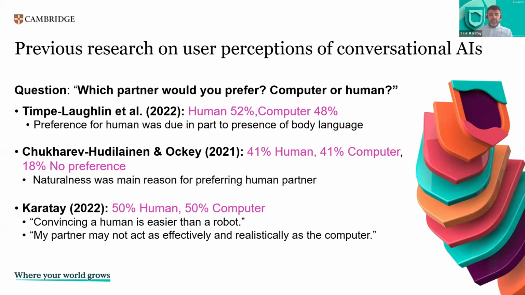In my PhD study, you just watched a piece from the dialogue system. Some students prefer the computer because they thought it was easier to convince a human, while the others felt that the computer acted more realistically and effectively.